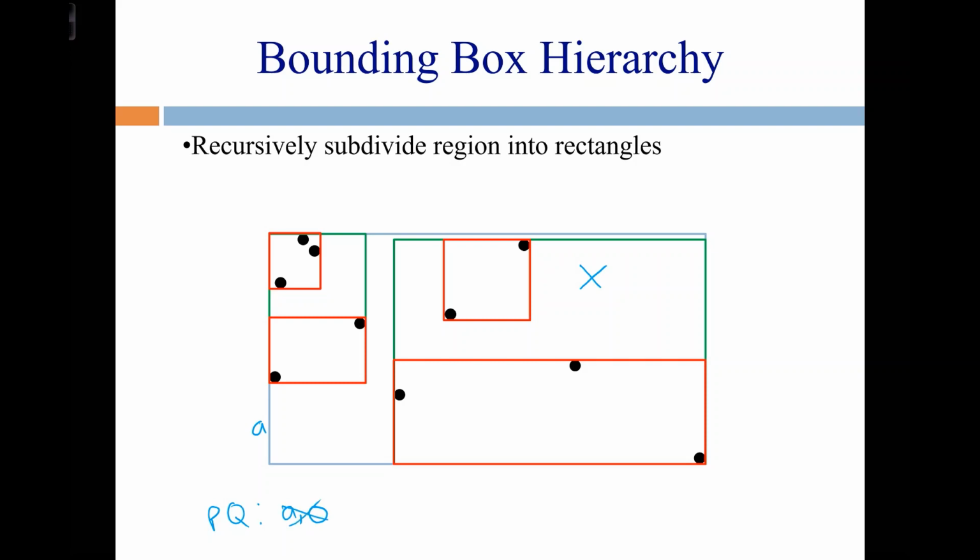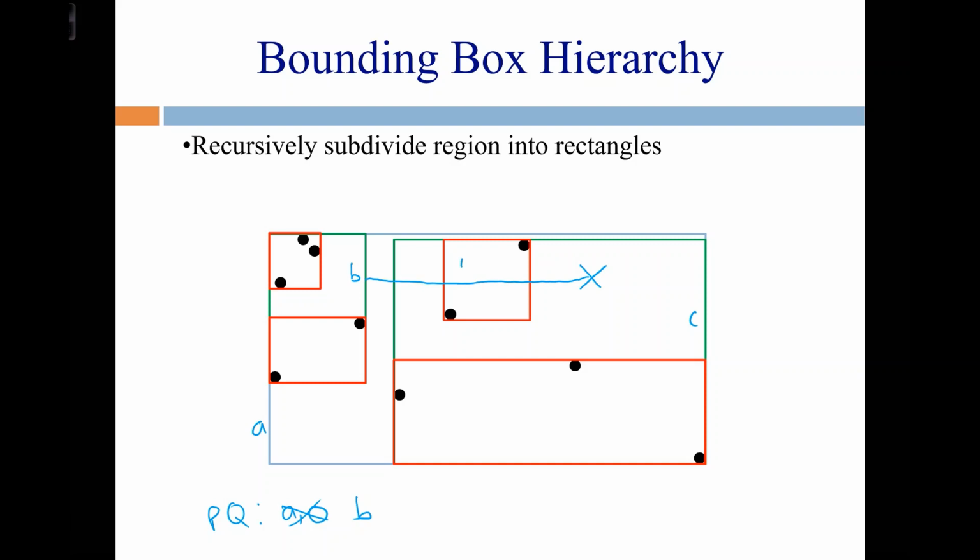So we'll pop that, and the children of that root node are, we'll call this B and C, the two green boxes. So we enqueue B with its distance from x.